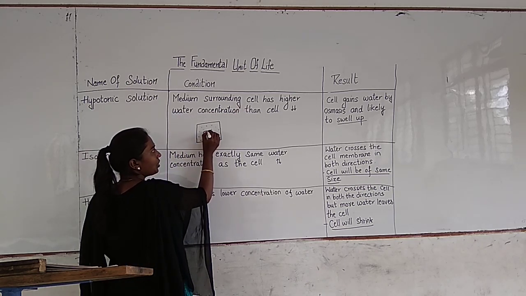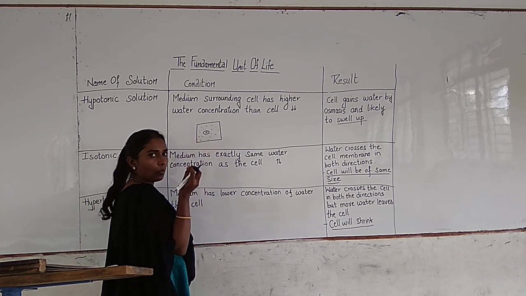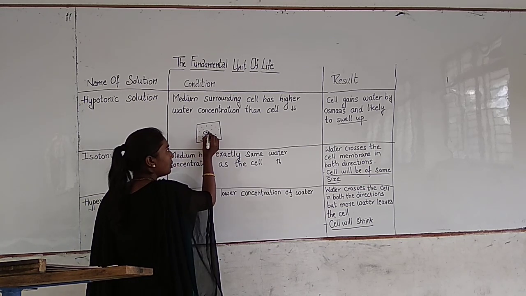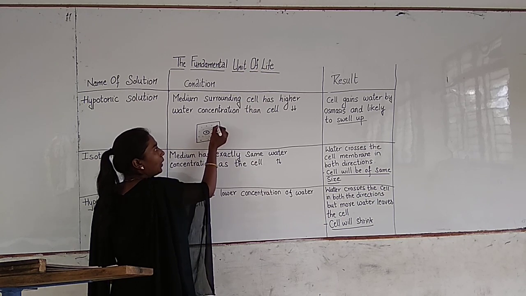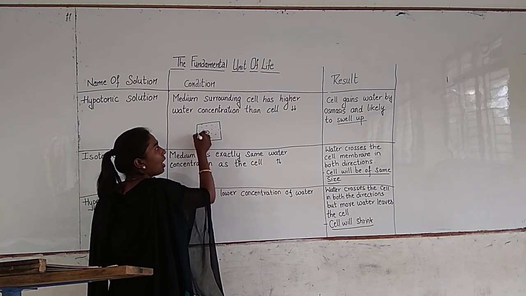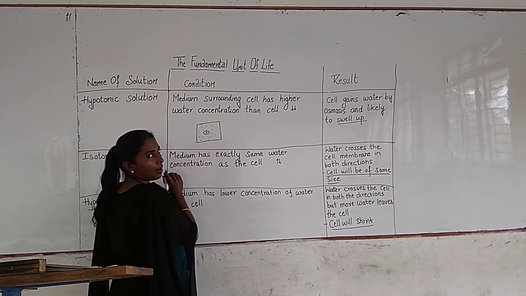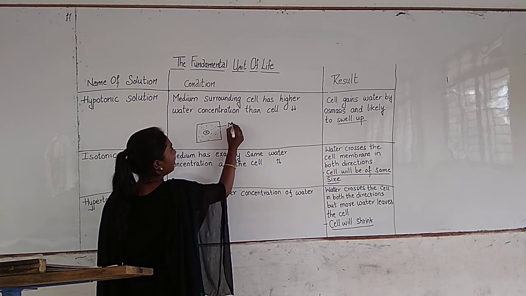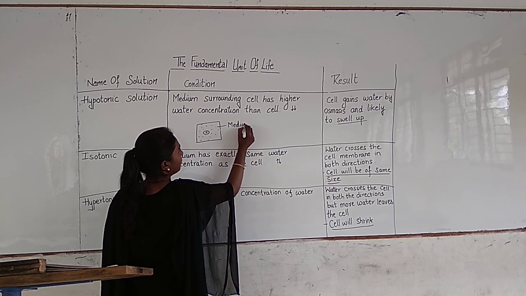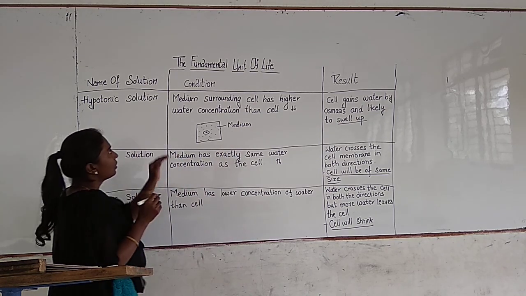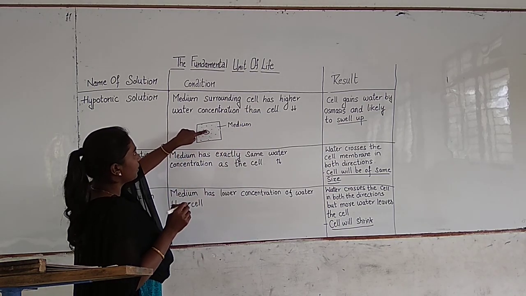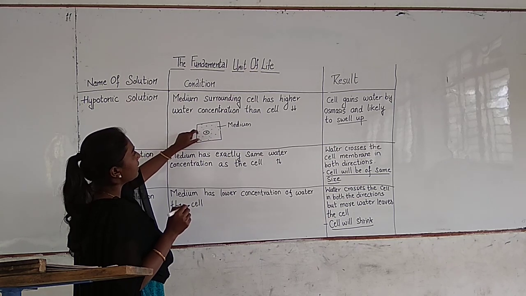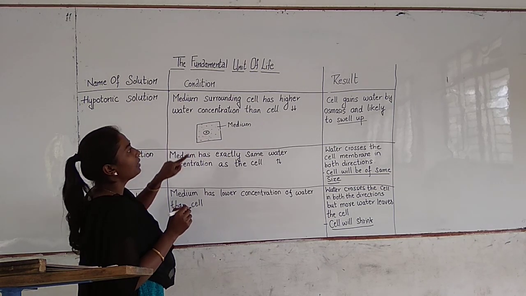The water concentration in this cell is low compared to the water concentration outside. What we call the surrounding is the medium. So the medium surrounding the cell has higher water concentration than the cell.